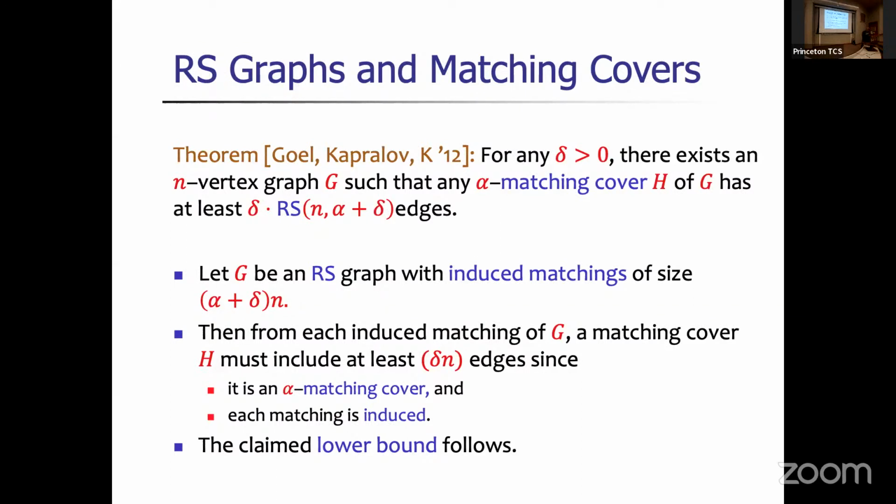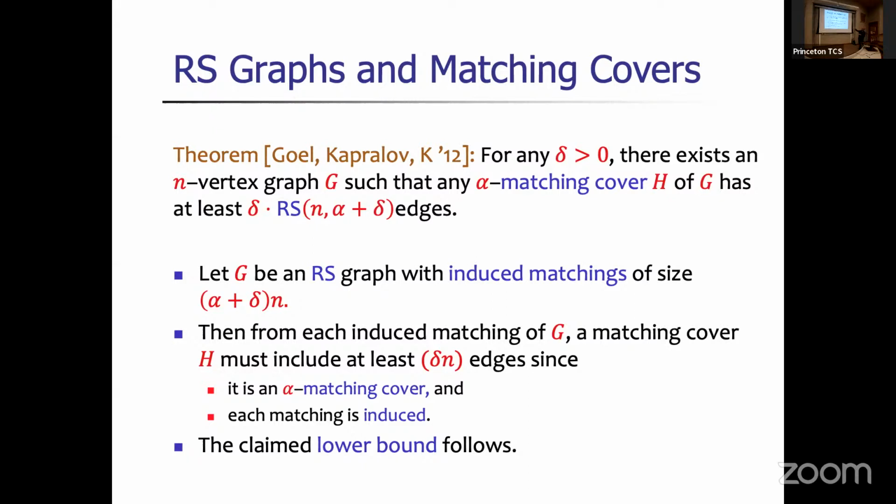So for any delta greater than 0, if you had an RS graph which had induced matchings of size alpha plus delta times n, then whatever is the number of edges in such a graph, that's the lower bound on the number of edges you need in your matching cover.